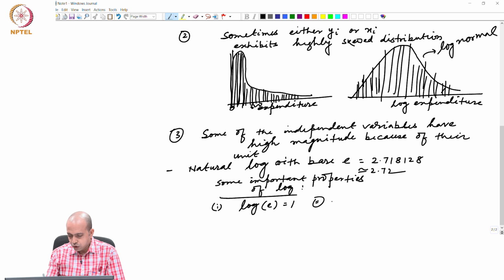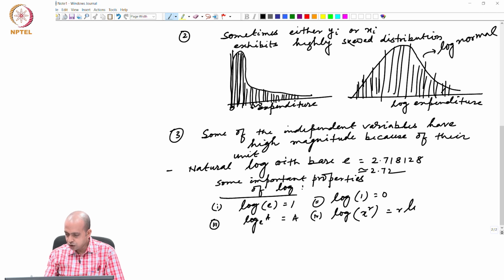Secondly, log of 1 equals 0. Thirdly, log of a with base e equals a. Then fourth, log of x to the power r equals r log x. These are the important properties.